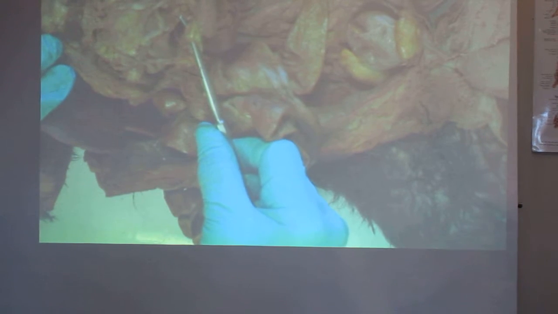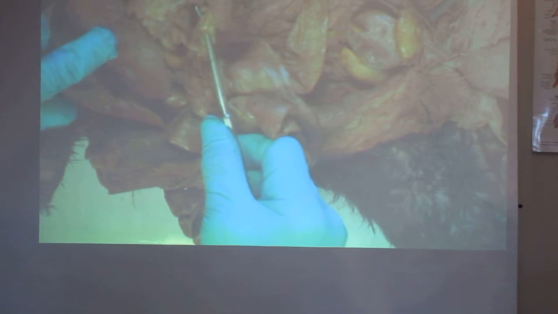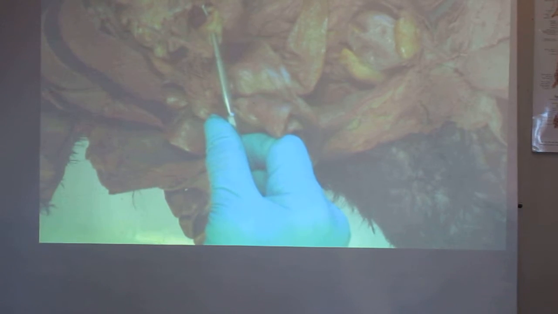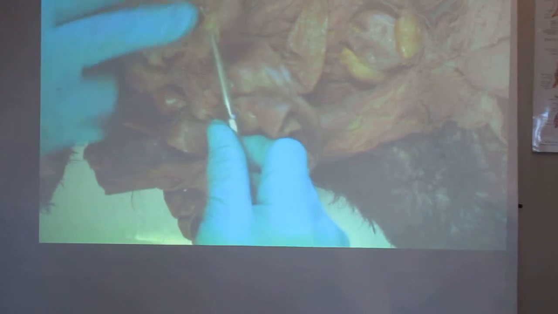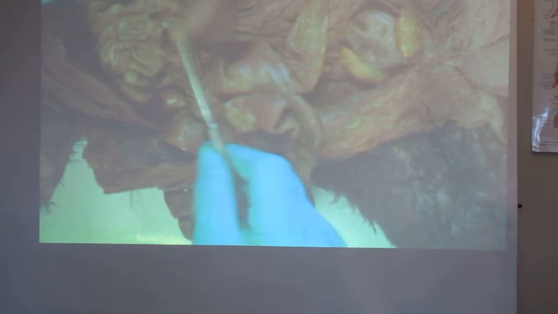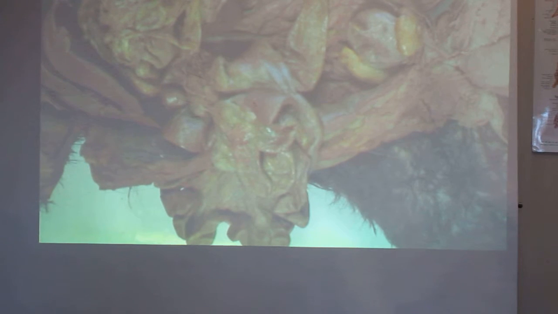Hepatic portal dumps the blood into the liver, cleans it, dumps it into the hepatic vein, which dumps it into the IVC. So in the kind of greater omentum, we're going to be able to see the hepatic portal. Are we okay?